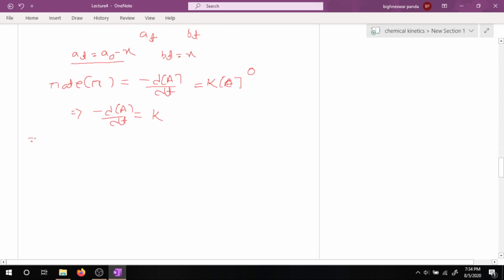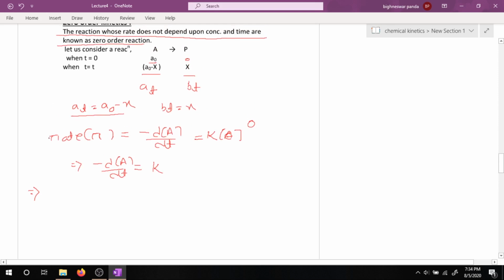Or minus dA by dt is equal to K. By what is the change in concentration? For minus dA by dt, I can put minus dA by dt is equal to final minus initial concentration. What is the final concentration of A?